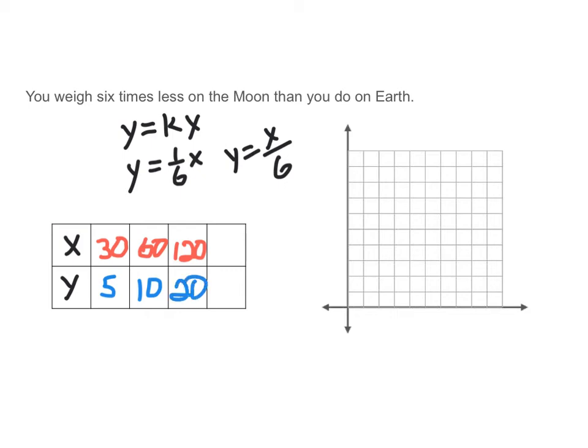And again, if we were to graph that, you would see that if you weighed 0 pounds on Earth, then you would weigh 0 pounds on the moon. That's because all direct variation goes through the origin on a graph, because 0 times anything is 0.